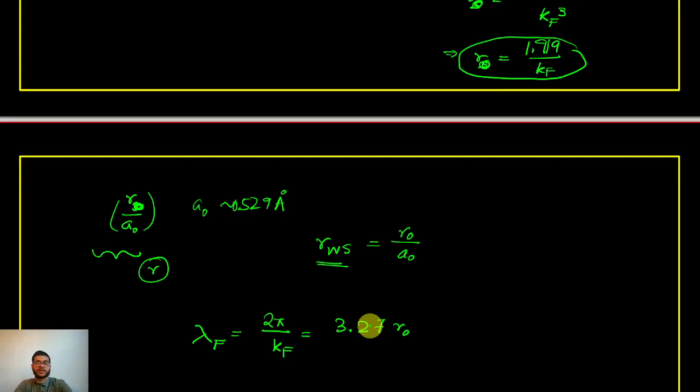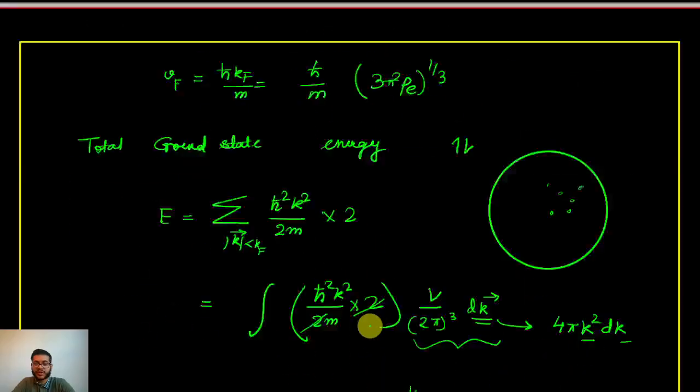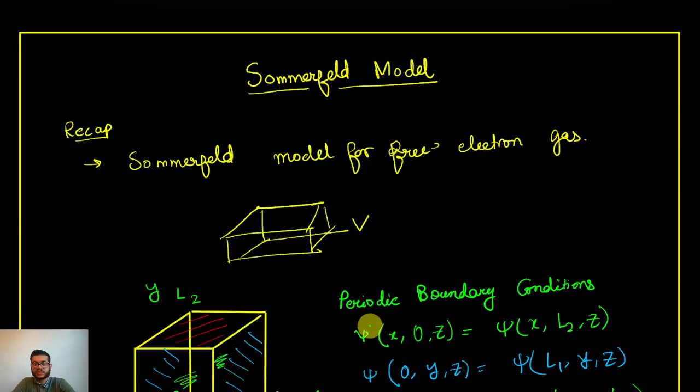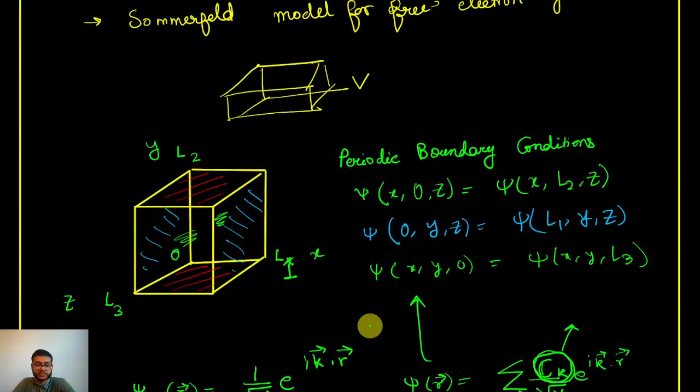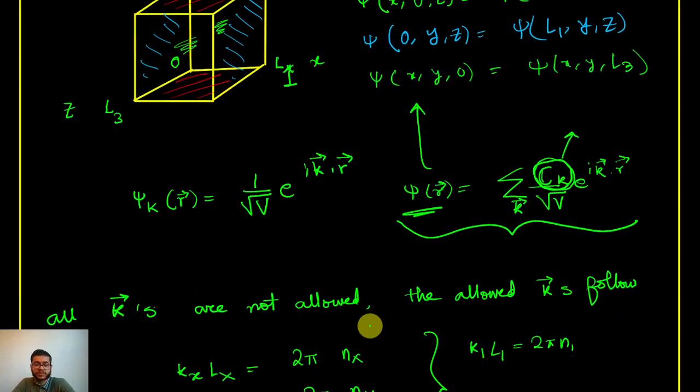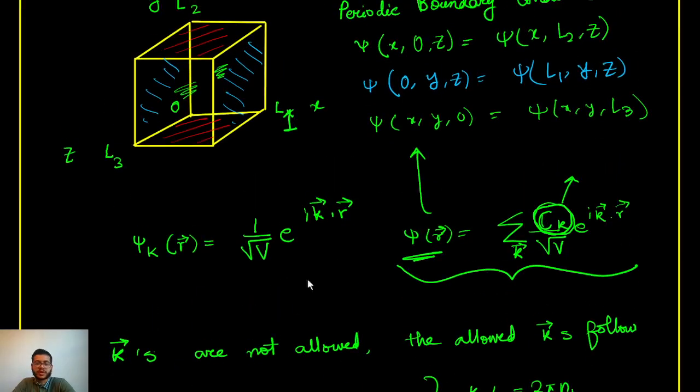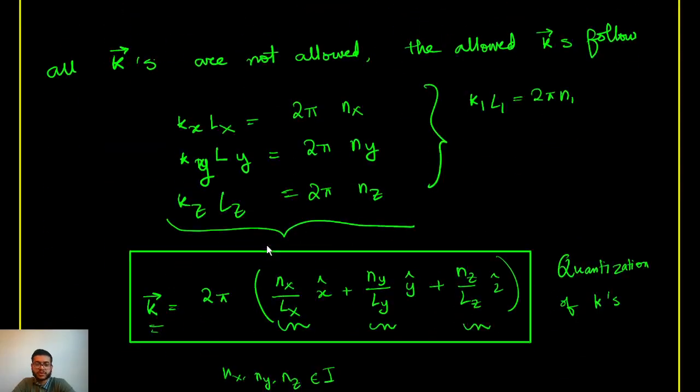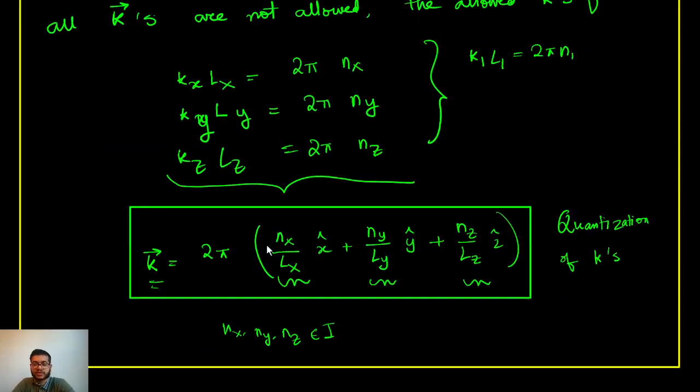So that is the whole message of this class. I think we have discussed whatever we planned. We have gotten hold of the Sommerfeld model and how it looks in a system with periodic boundary conditions. We saw that this is the general equation, and we imposed the periodic boundary conditions to discover that the k's are indeed quantized.